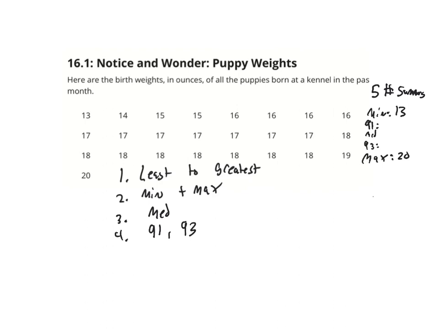So we do the same thing that we did before with our other data sets. We go from each end, and we cross out one at a time until we get to the middle. This is easy because all that's left is the 17s. So our median is going to be 17.